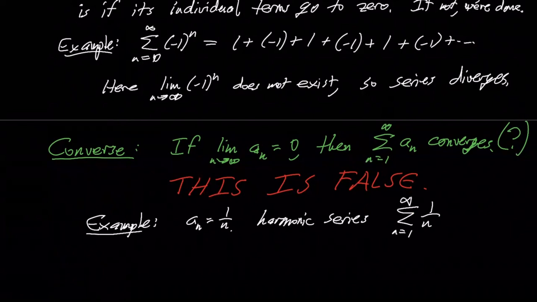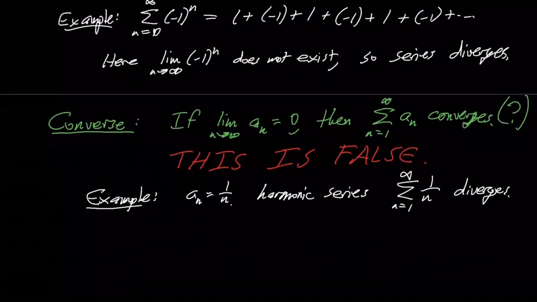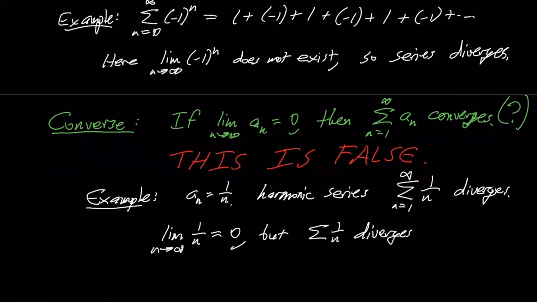This diverges. We proved this in two different ways. But the terms do go to 0. So the limit as n goes to infinity of 1 over n does equal 0, but the sum diverges. Sometimes when we're lazy, we just drop the thing above and below the summation sign, but I'll go ahead and write them in. And so this is a crucial example that you should keep in your head.